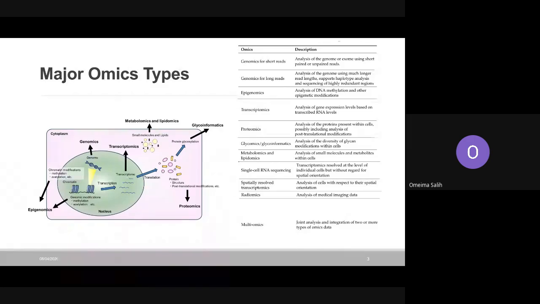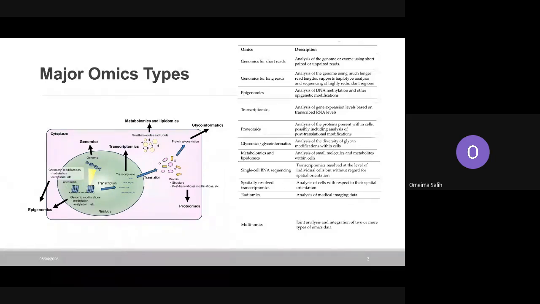By spatial orientation we mean we are studying specific locations within tissues or cells, for example, in the endoplasmic reticulum, or Golgi apparatus, or mitochondria. So we are oriented to a specific target of organelles, or maybe part of the cell within the tissues.